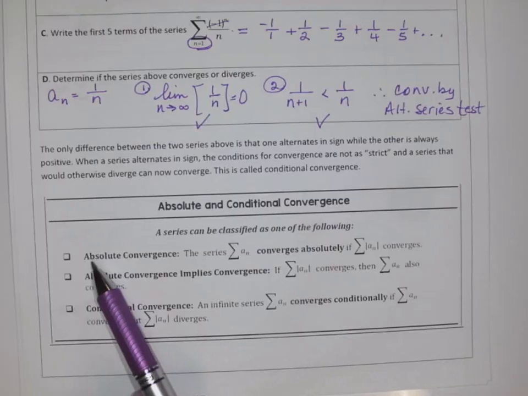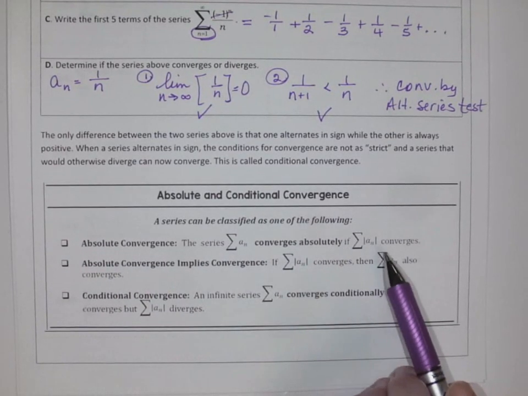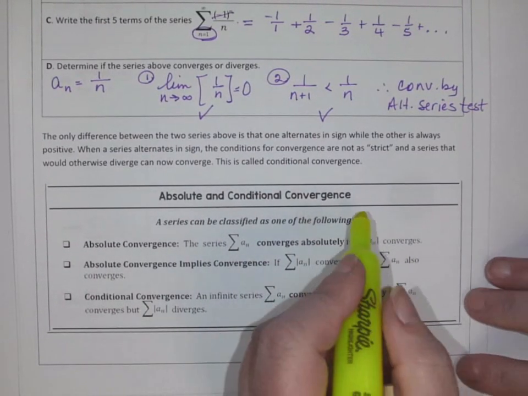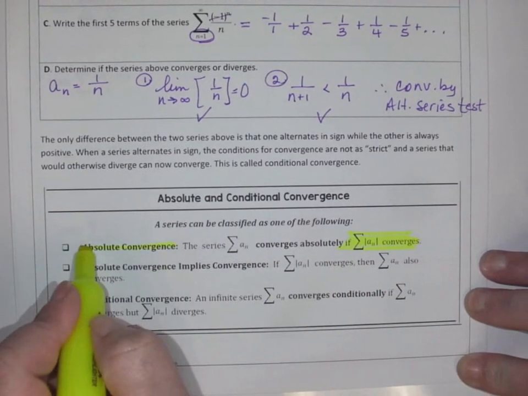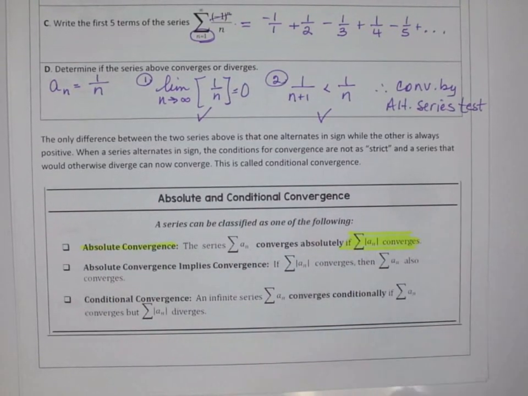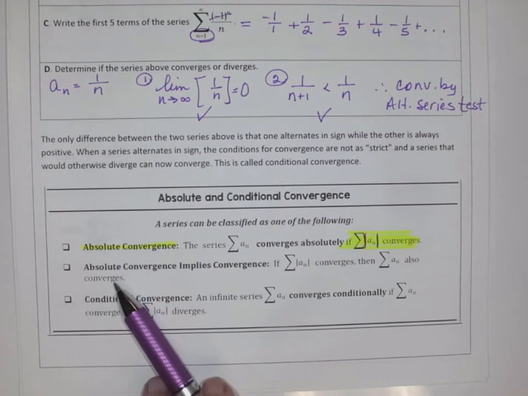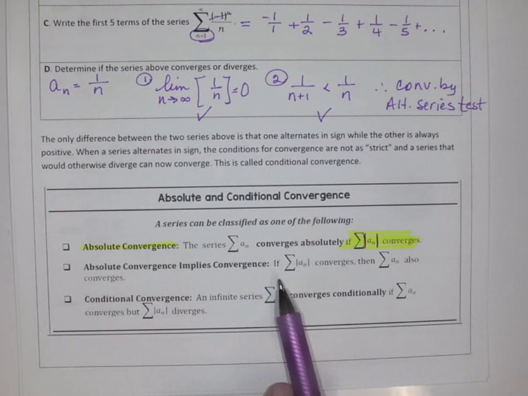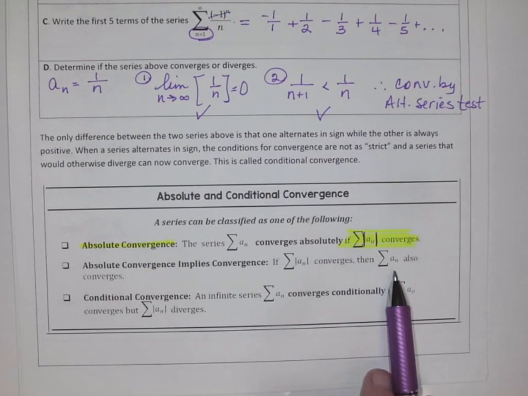A series is said to have absolute convergence if the absolute value of the series converges. These are the absolute value bars. If it has absolute convergence, then you can remove the absolute values and it will converge as well.